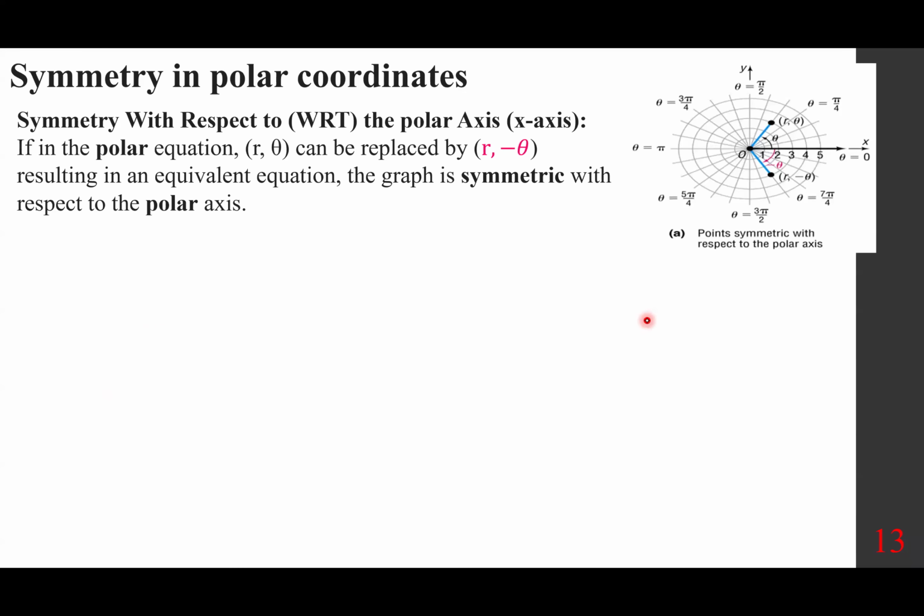So take a look. Theta is pi over 4, for example. We have r comma theta, and over here r comma negative theta. If we result in the same equation, then it's symmetric with respect to the polar axis. Okay.